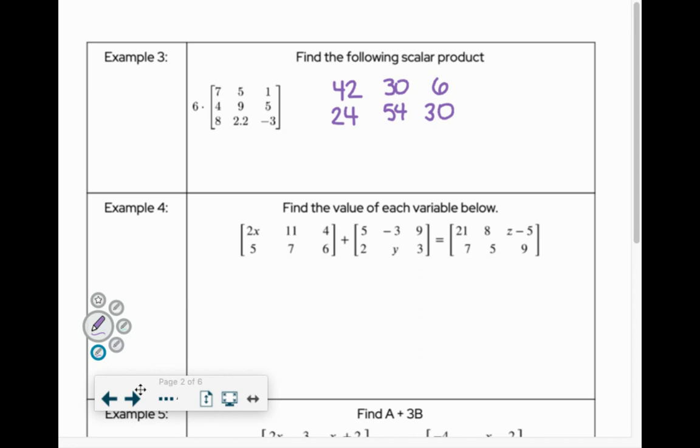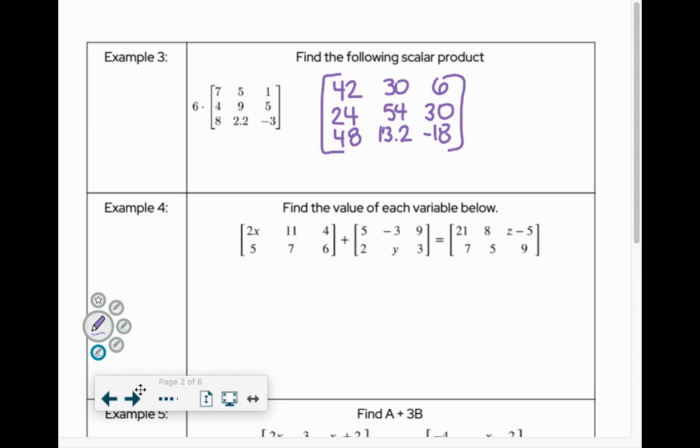Last row, 8 times 6 is 48, 2.2 times 6 is 13.2, and -3 times 6 is -18. That's it. That's a scalar multiplication or scalar product. You just multiply all the numbers by whatever's out front, and you're good to go. It is as easy as you think it is.